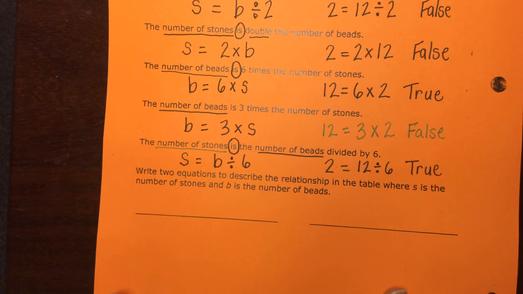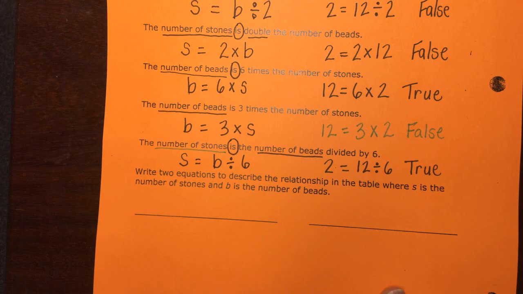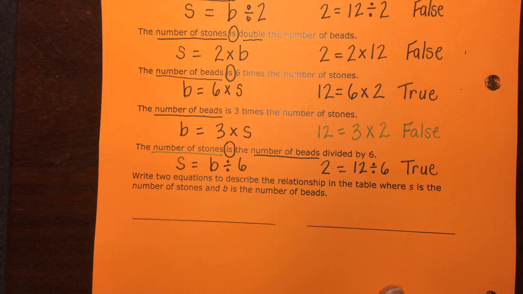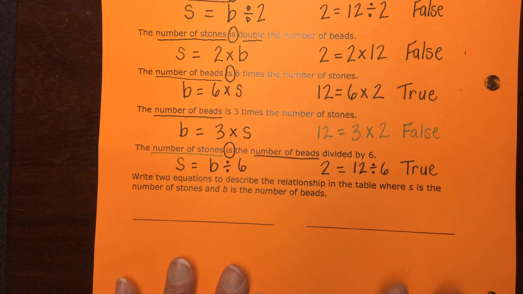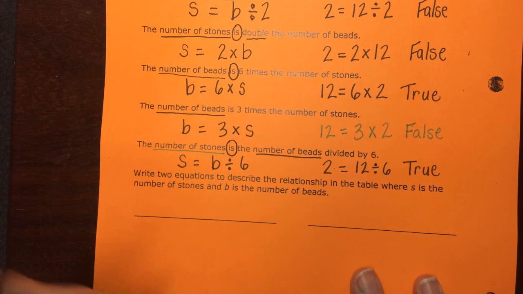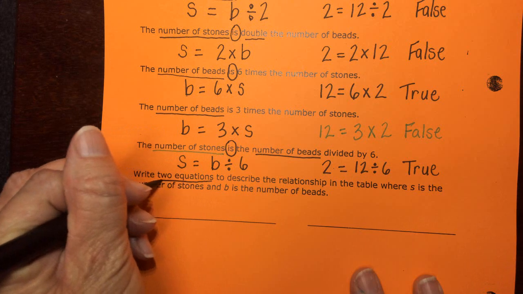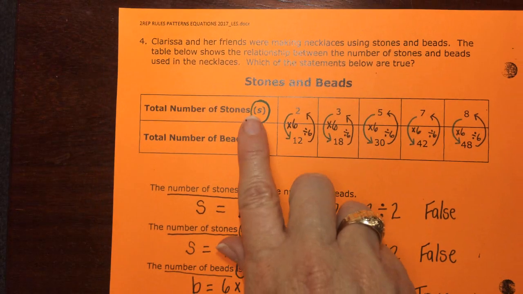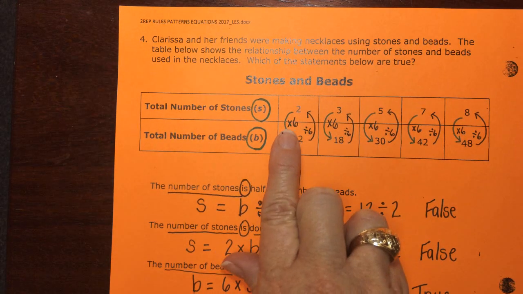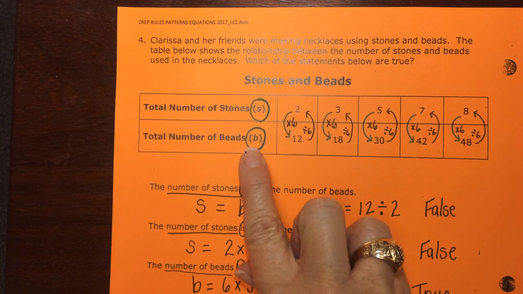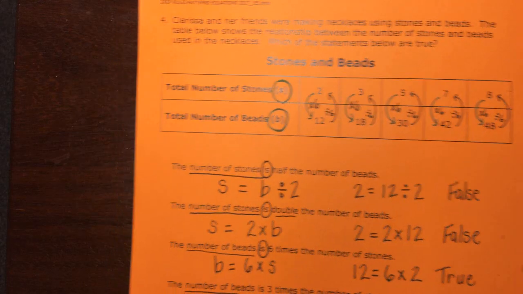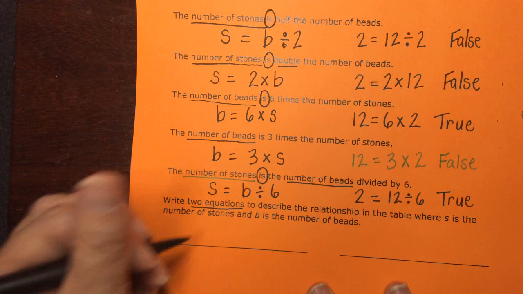At the bottom, we're going to write 2 relationship statements. And this will help you with the back, which you're going to do mostly independent. Let's start. 2 equations. So when I look at the number of stones and I multiply it by 6, I should get the number B. So let's write that out.